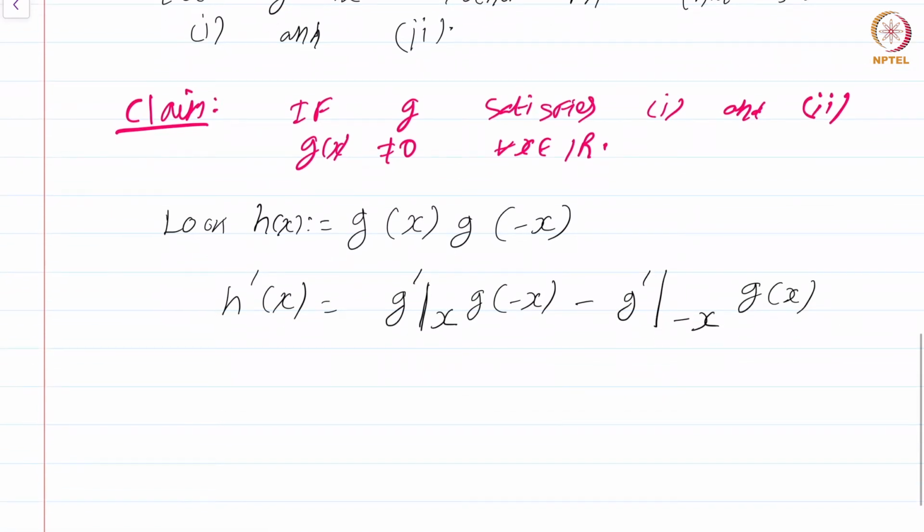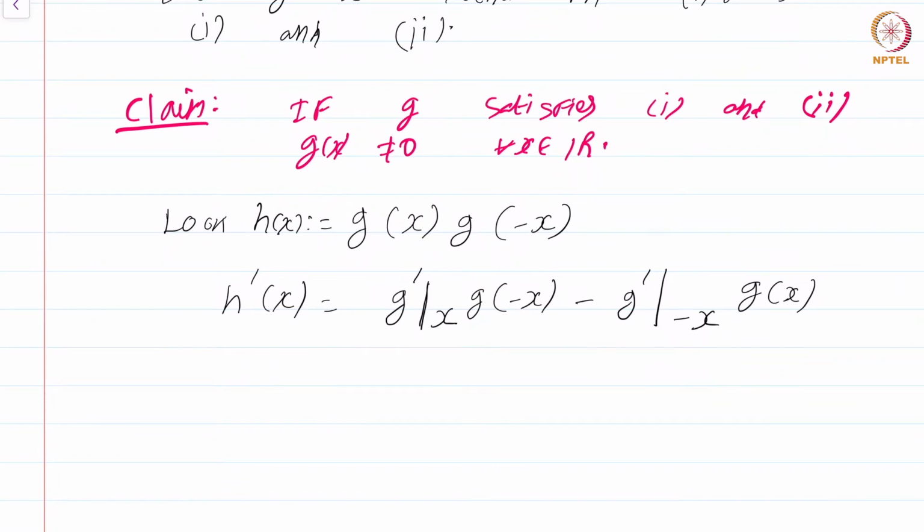Okay, but we know that g prime is just g, right? So this is just g of x, g of minus x minus g of minus x, g of x. Okay, so the reason why I introduced this notation of evaluating at the point x is to make sure that when I write g prime of minus x, you don't think I have to differentiate the function g prime of minus x, which is minus g prime of minus x, which would lead to confusion.